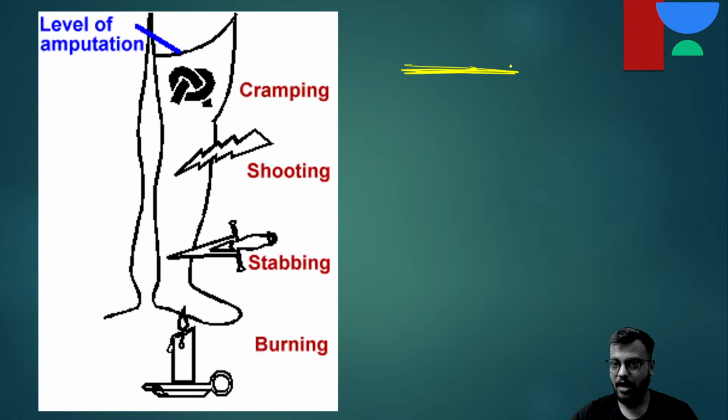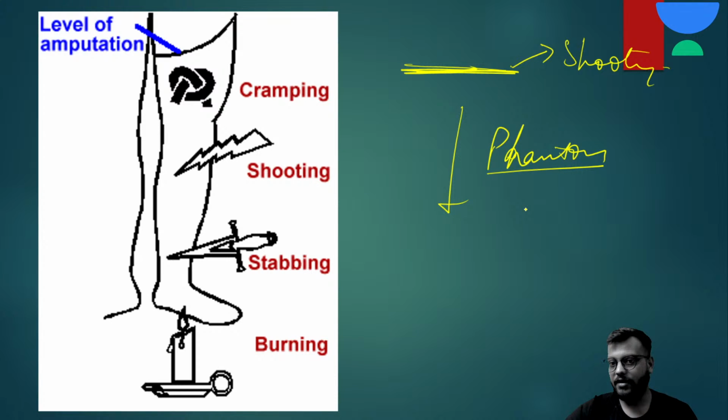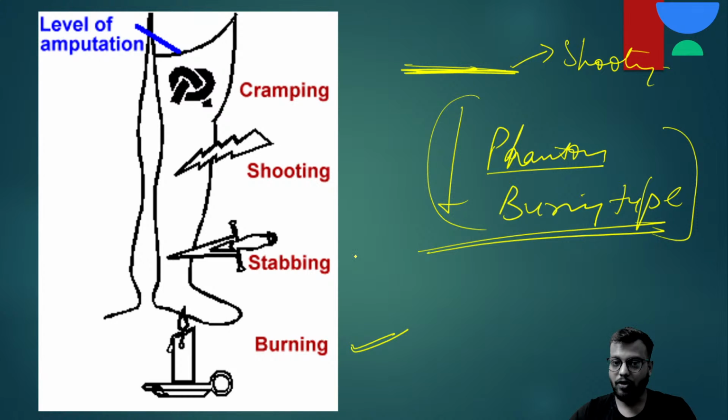But below it, the pain due to the phantom limb is more of a burning type of pain, and generally at different levels in the lower limb it is different: in the ankle or the foot you will have burning, in the distal one third or lower tibia you will have a stabbing kind of pain, around the knee you will have a shooting kind of pain, and in the thigh you will have a cramping type of pain. So different types of pain occur in phantom limb.